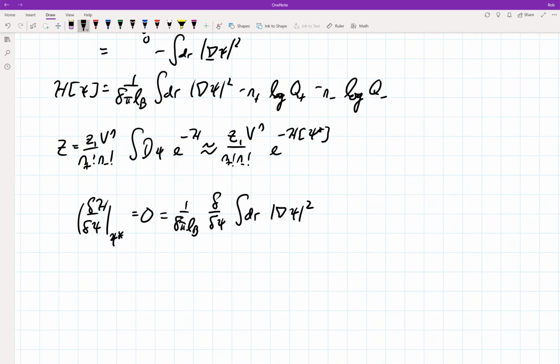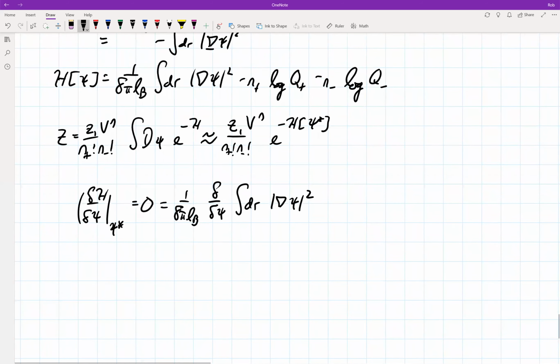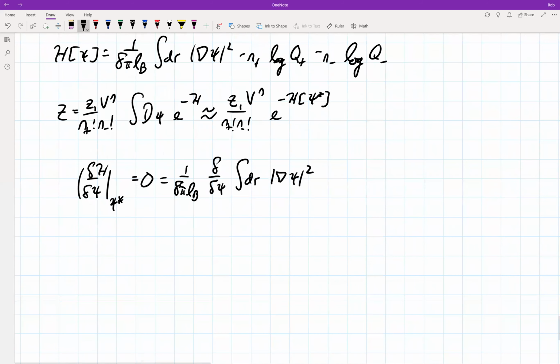And this is one of the trickier functional derivative terms to work with, so we'll talk about that momentarily. And then we have two terms that are d log q plus d psi and d log q minus d psi. And so those are, again, going to give us something like microscopic density operators for the cations and the anions. Right, so we'll have something that's plus I z plus rho hat of r, then minus I z minus microscopic density operator of r from the d log q terms.